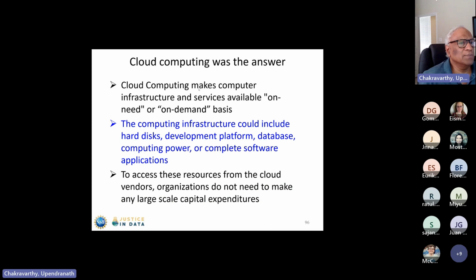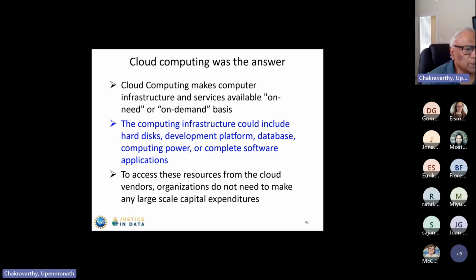So cloud computing makes computer infrastructure and services available on need and on demand. These are the two key requirements. You should be able to get the resource whenever you want, and also without having to indicate earlier.